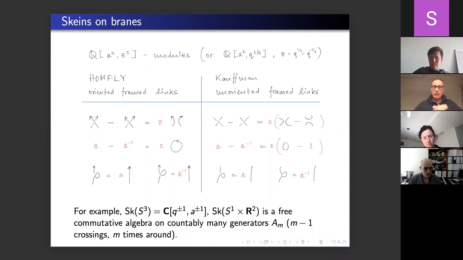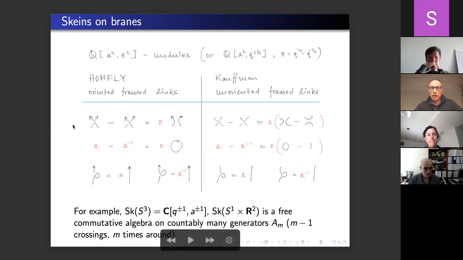So this is a ring, and we generate a module over this ring by taking all isotopy classes of links, actually framed links, in our manifold. That's a huge module, but we divide out by the following relations.